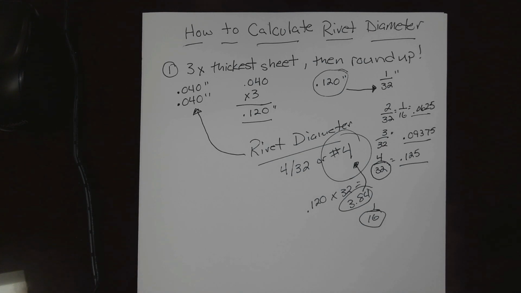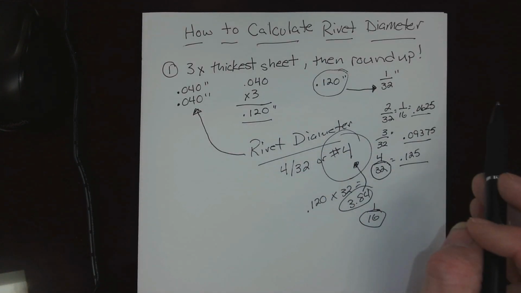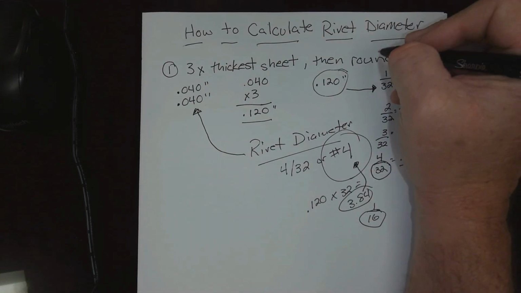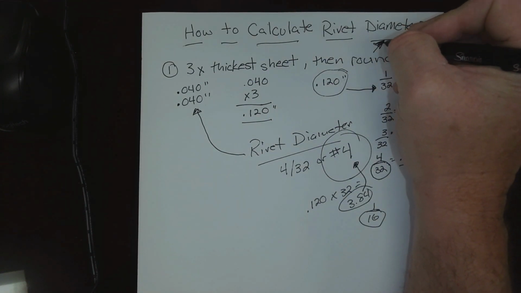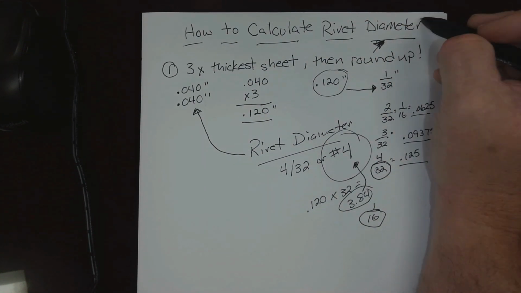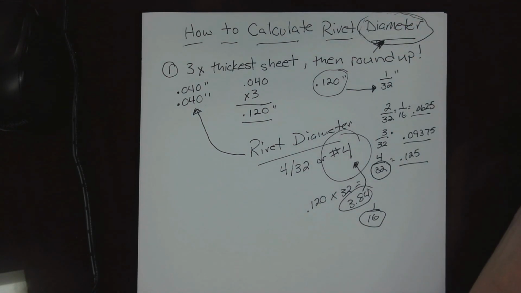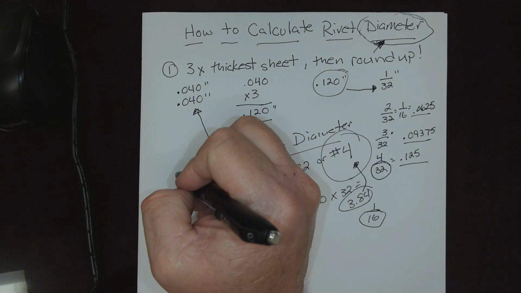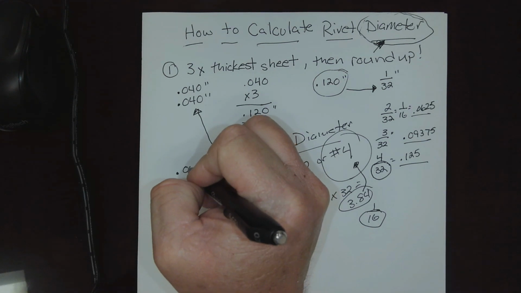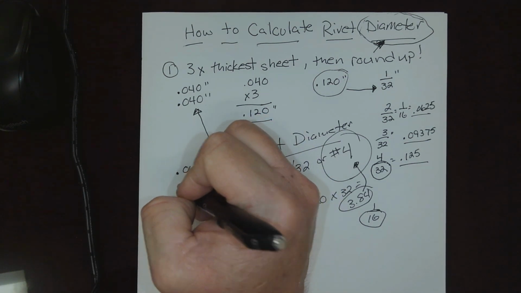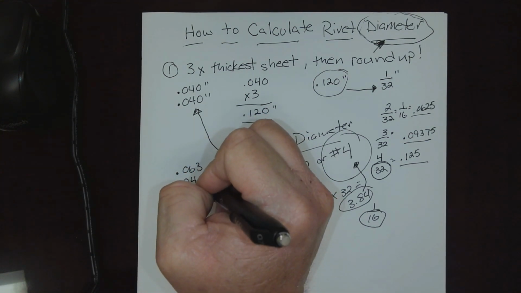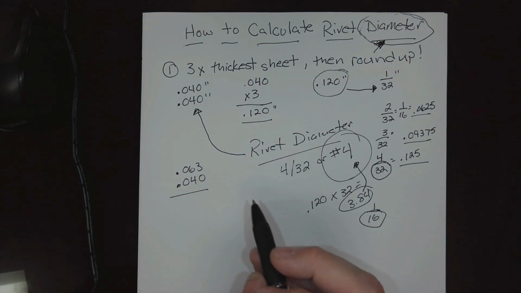So remember, rule number 1, 3 times the thickest sheet, then round up. We're looking for diameter first, because when we do rivet calculations, we're going to need this information in order to determine our length. Practice this with some different ones. I'm going to give you a sample one, and you could bring it into class. We've got a sheet of 63 thousandths and a sheet of 40 thousandths.